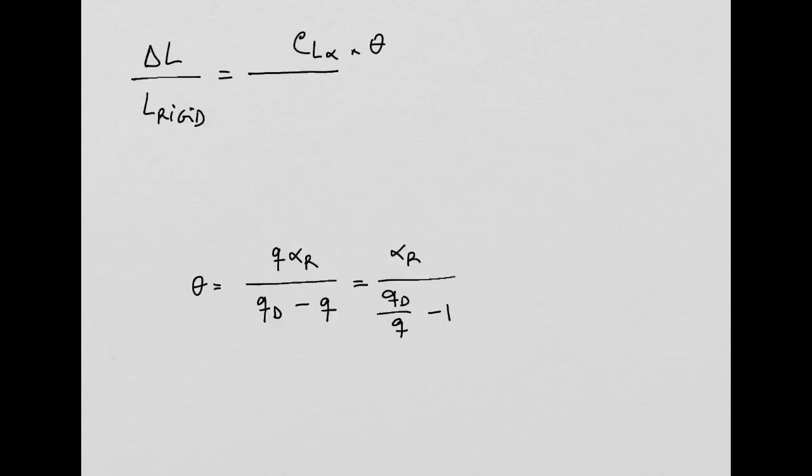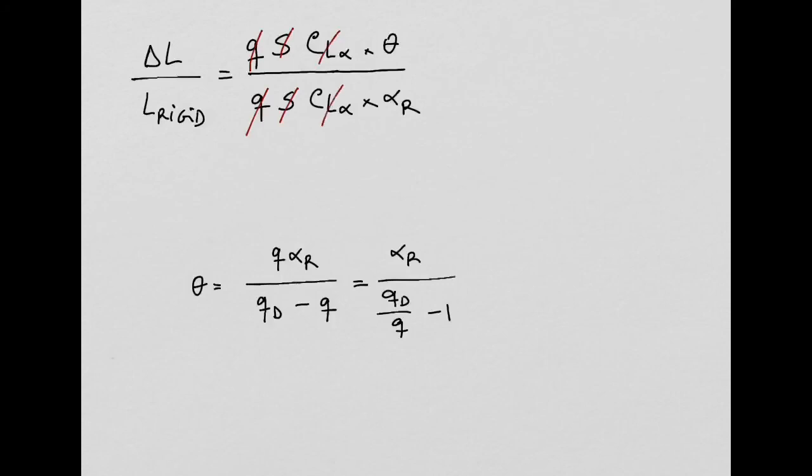In fact, it is not only this, right? There is something more, which is the dynamic pressure times the area of the wing, right? This is more accurate. The lift generated when we consider the wing rigid is also given by dynamic pressure times the area of the wing times CL alpha, but now times alpha r, the angle of attack only if we consider the wing rigid.